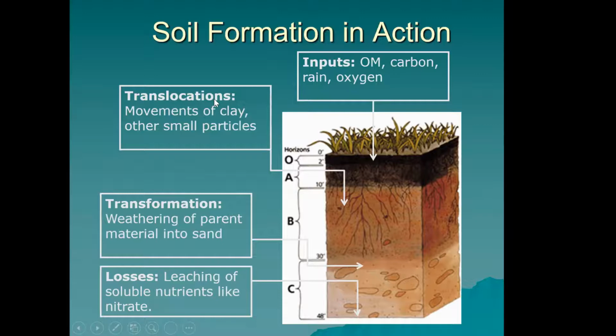And as things are added to the soil, they move around in the soil as well. One of the big processes, or what we call a translocation, is that clay generally tends to form up in our topsoils, but over time, as the soil ages and weathers in place, that clay is driven down deeper into the soil.